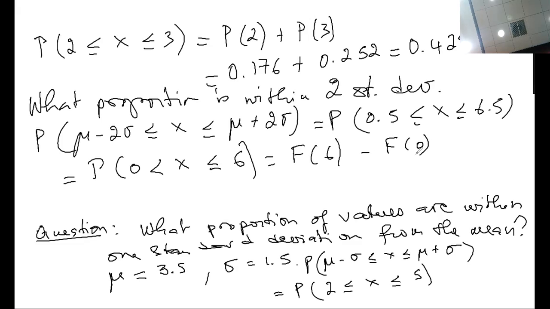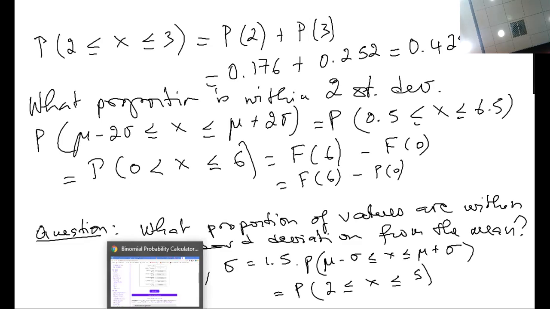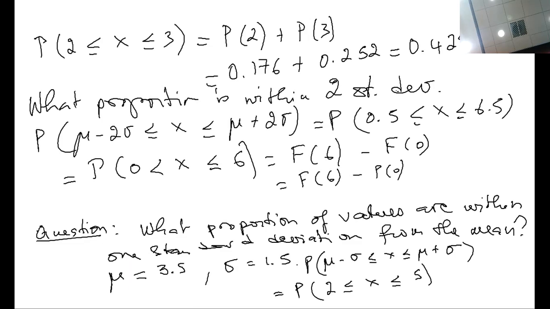F of 0 is the same as the probability of 0. And the probability of 0 is q raised to the power n. But we can still use our calculator.